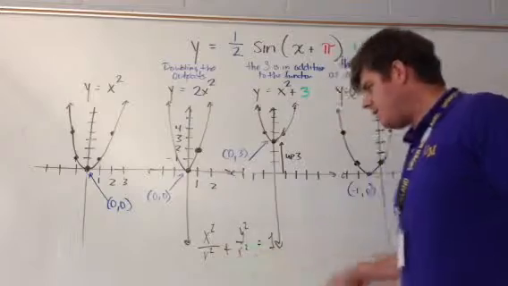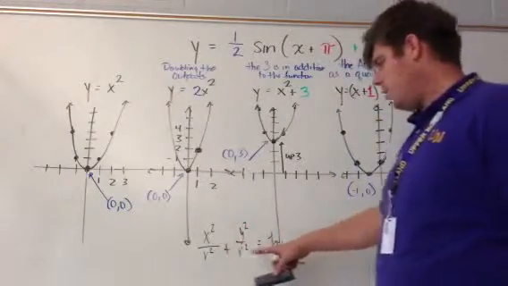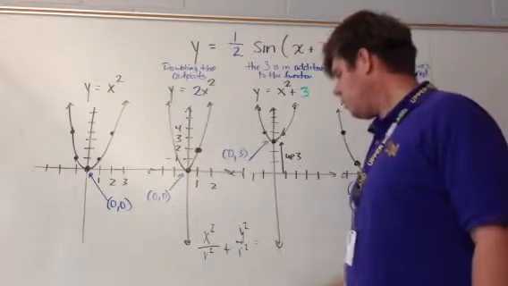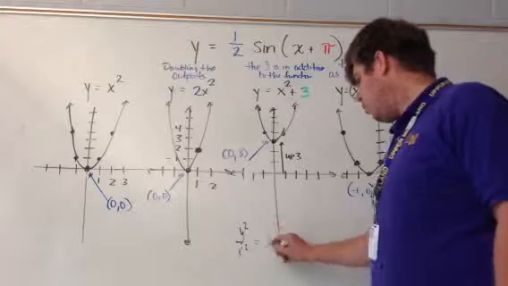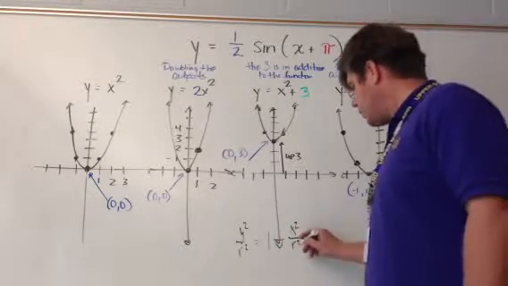Then I subtract x squared over r squared from both sides, and I'm left with y squared over r squared is equal to 1 minus x squared over r squared.